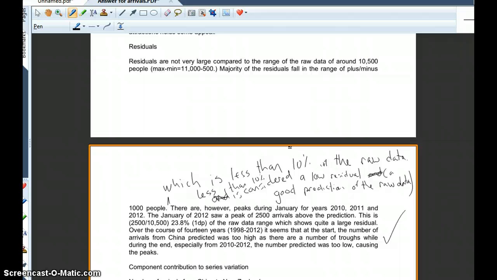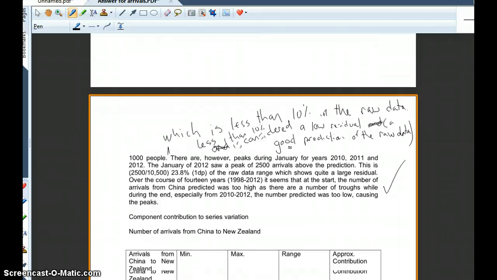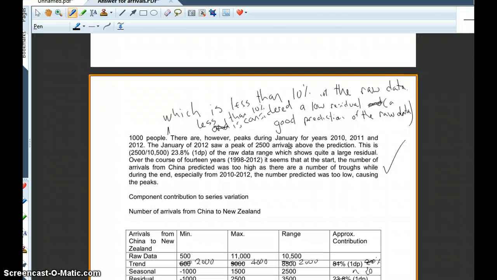Majority of the residuals fall in the range of plus or minus 1,000 people. Brilliant. And then I've just added in there, which is less than 10% of the raw data. Less than 10% is considered a low residual, and in brackets, a good prediction of the raw data.